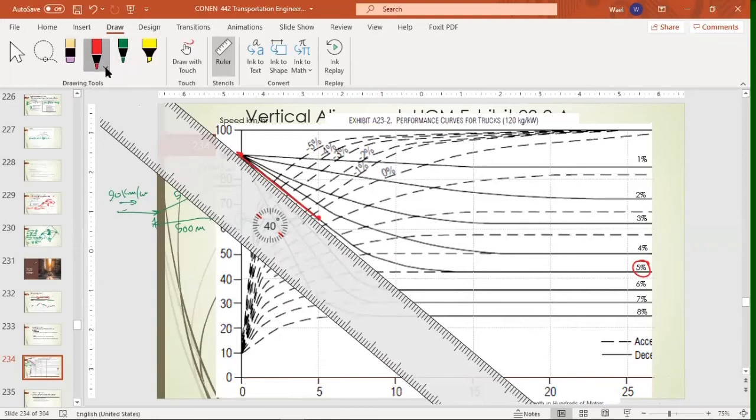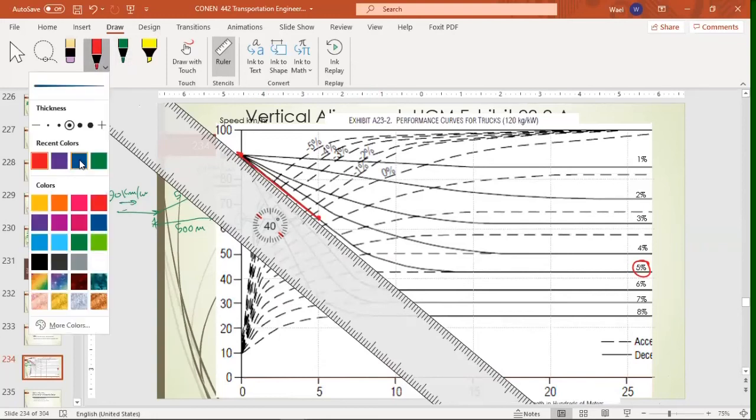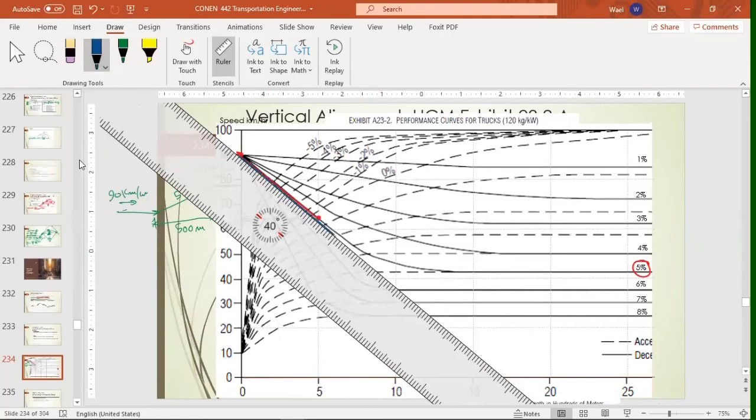If it drives, for example, this is, I think, 700.